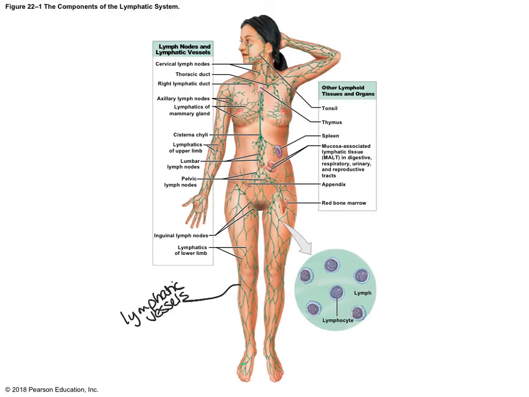So they start down in the periphery and then they work their way back up, and then they drain into one of the major vessels, and from there they drain up towards the heart, and then they will end up dumping their fluids into the subclavian veins. So we're going to look at that.